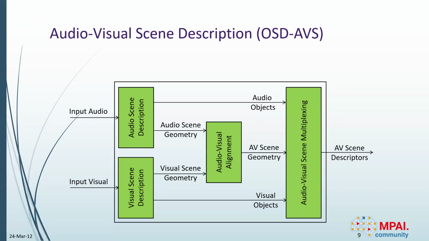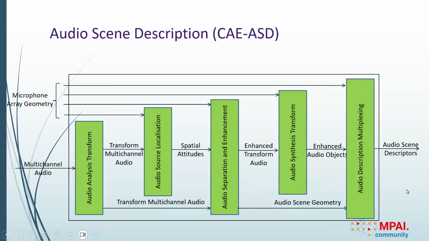We identify which objects are collocated, and based on that, we say, oh, this is not an audio object or a separate visual object. No, this is an audio-visual object, and therefore we provide the geometry of the audio-visual scene based on which we can provide the full audio-visual scene description. So this is another important component.